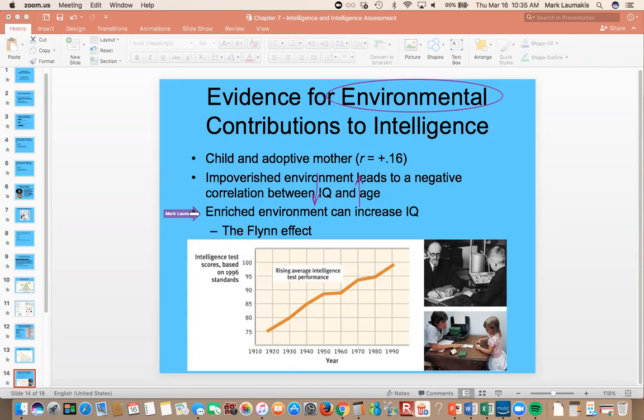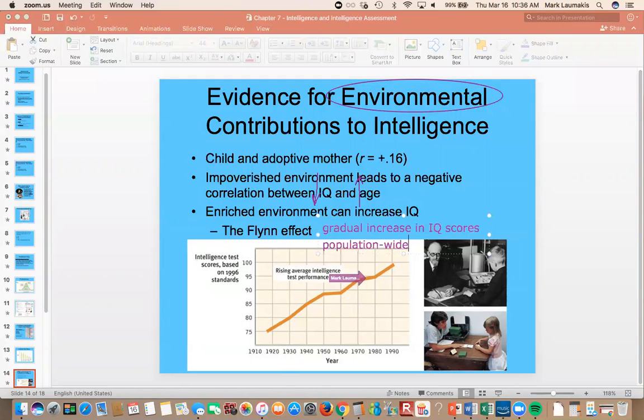The third and final piece of evidence for an environmental contribution to IQ is something known as the Flynn effect. We know that an enriched environment can increase IQ scores over time. The Flynn effect, to be concrete, is a gradual increase or creep up in IQ scores population-wide. That means overall.